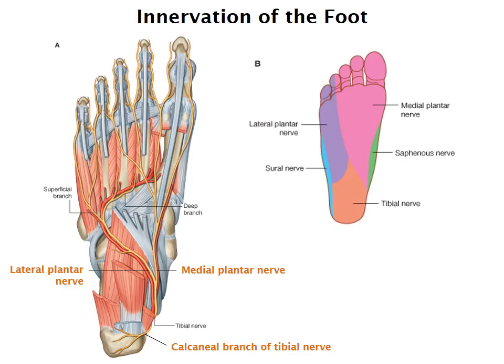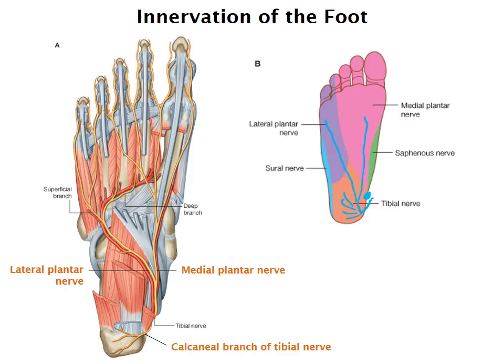Again, just as a review, we had that tibial nerve coming down around the medial malleolus and splitting into a medial plantar nerve and a lateral plantar nerve. Before the split, the tibial nerve gives off some cutaneous distribution into the heel of the foot.